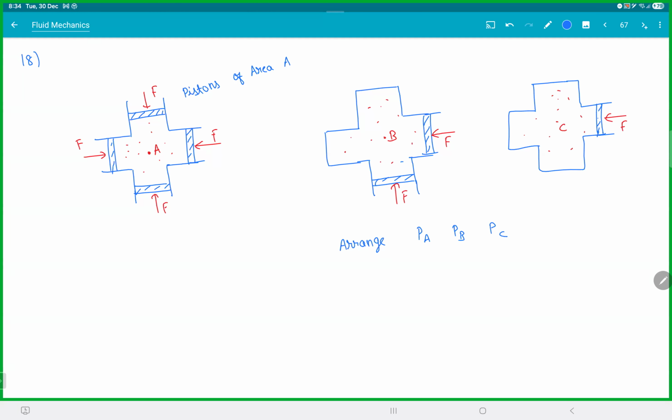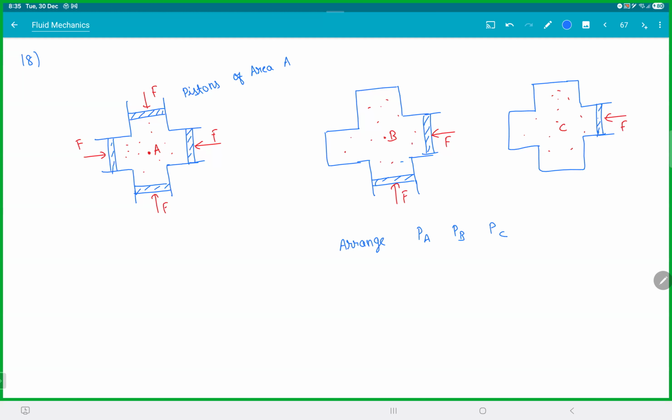Otherwise, do keep your cams on. This is an easy one.